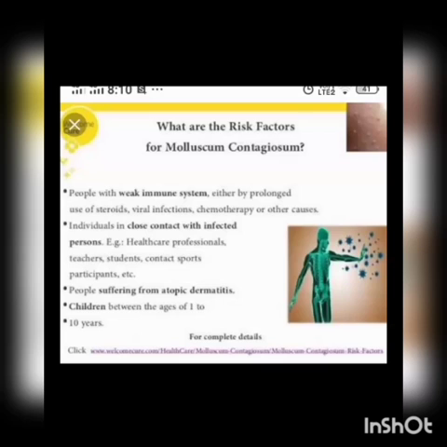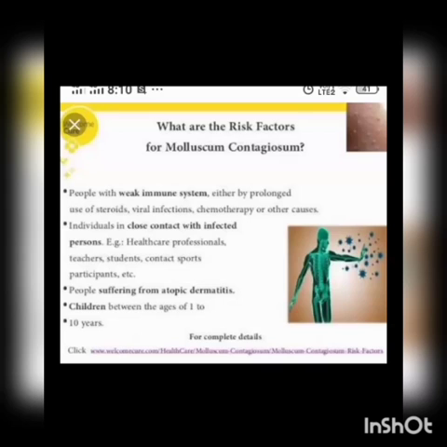Next, individuals in close contact with infected persons. If a person is infected, it will transfer to another person through contact.